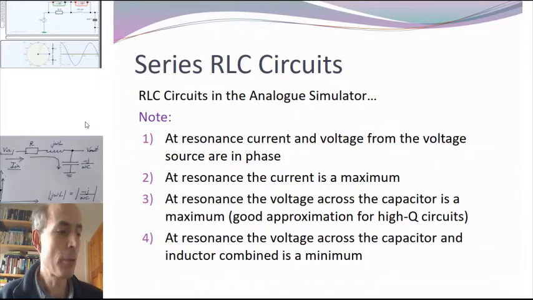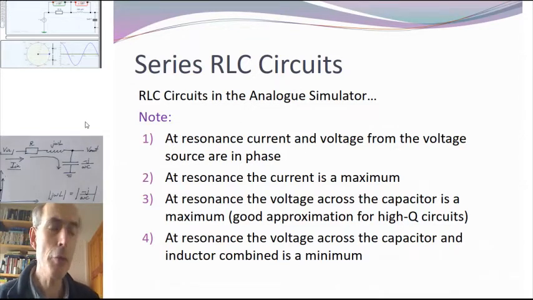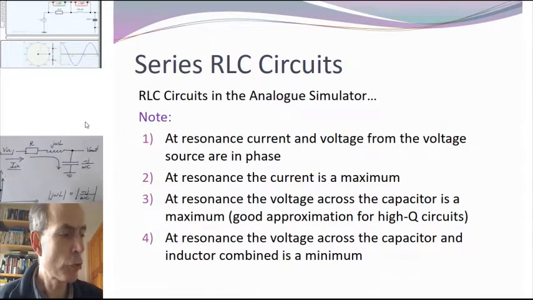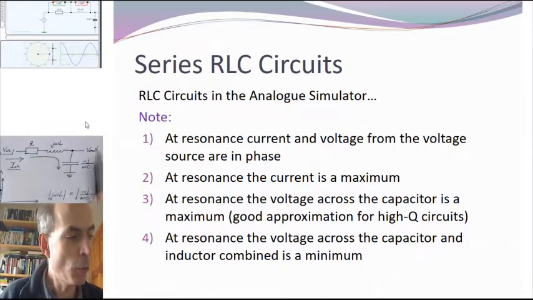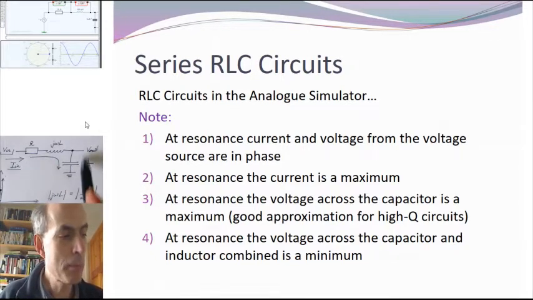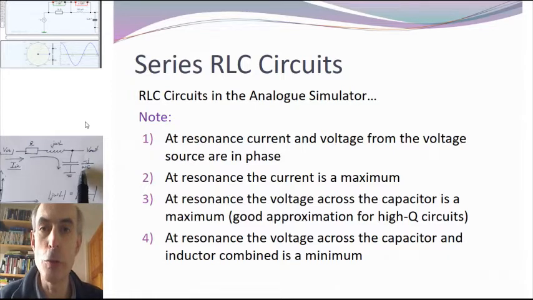We've also got a maximum current because we have a minimum impedance in our circuit. The third one here isn't exactly true, but it's a very good approximation, particularly for circuits with a high Q value. The voltage across the capacitor, which is our output voltage here, will be very close to a maximum.